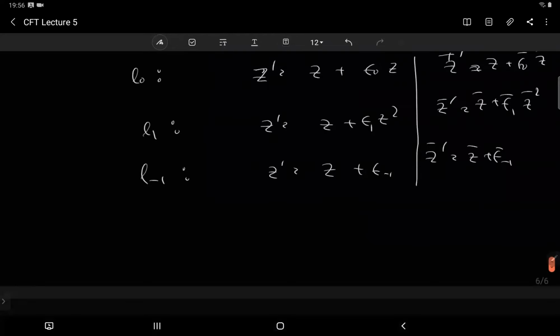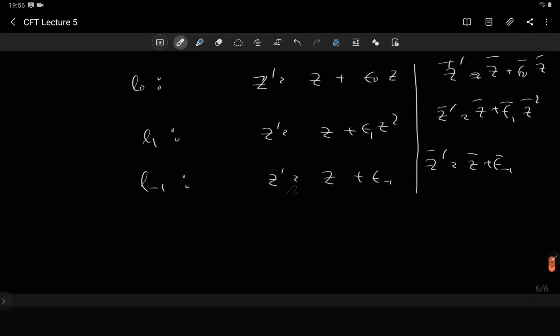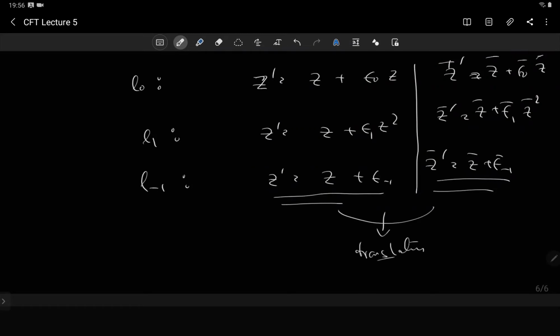Okay, and you can immediately see the following: these are translations, because it's a constant shift. There will be two translations because it's two dimensions, and z is a complex number, so you have two coordinates, real and imaginary.